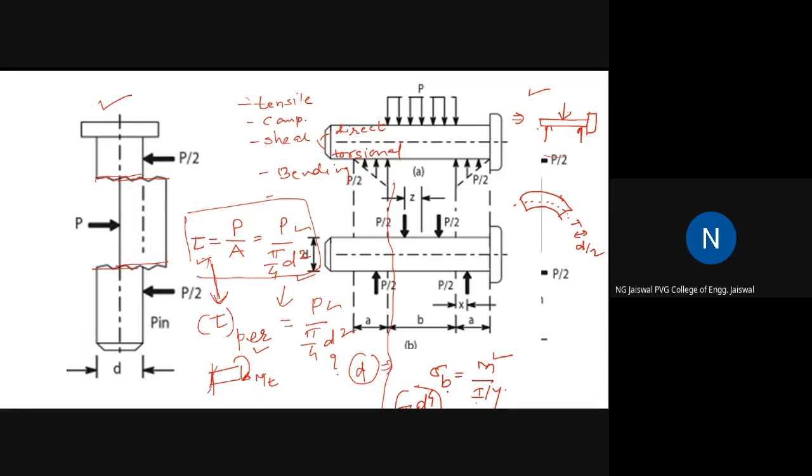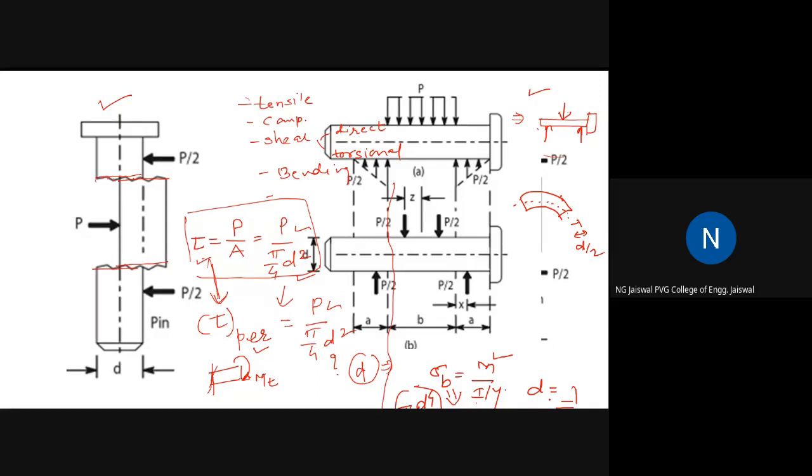If we can arrange from any source sigma b permissible, then the equation becomes sigma b permissible equal to M upon I times y. If you clearly see, the entire equation is now only a function of d, because only d is unknown, so you can find out the value of d. Once you find the value of d, you will say that we have designed the pin under bending consideration.